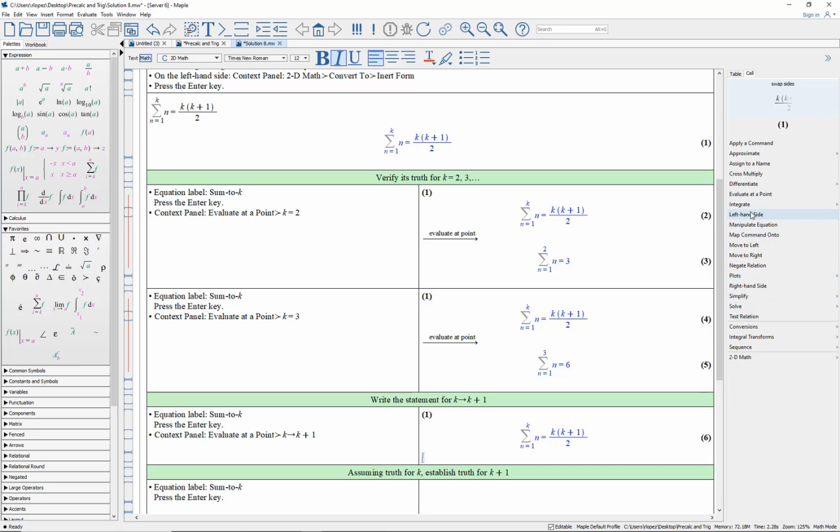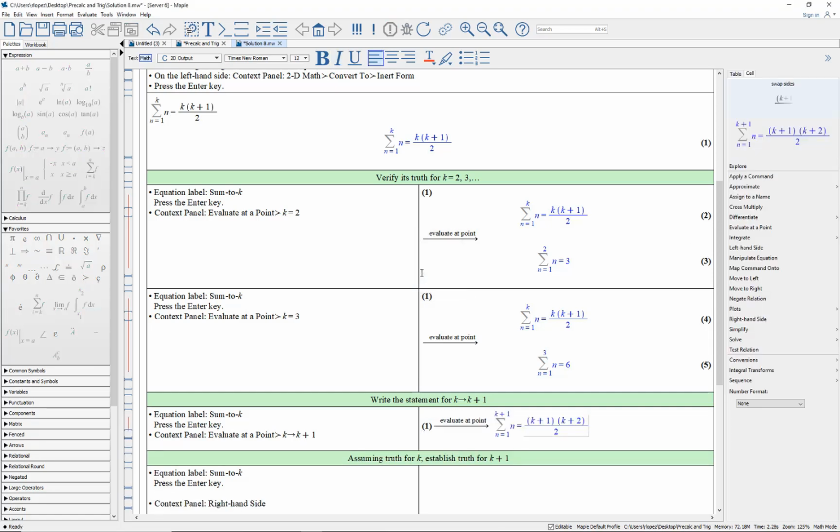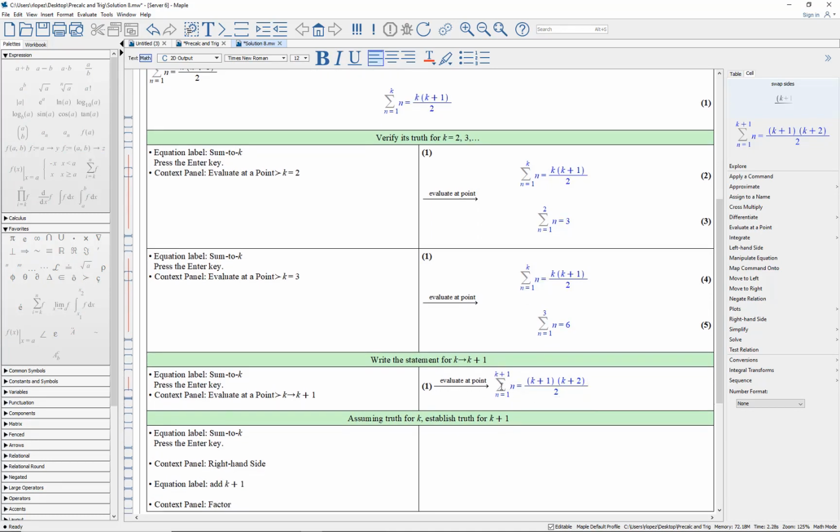So you evaluate at a point, let k become k plus 1. So this is what the statement at k plus 1 looks like. Can we use the statement for k to show that the statement for k plus 1 is true?